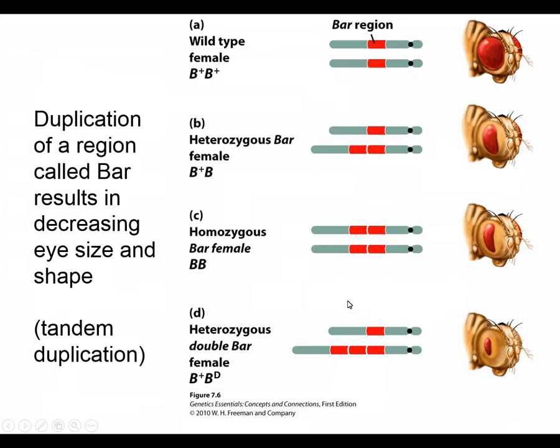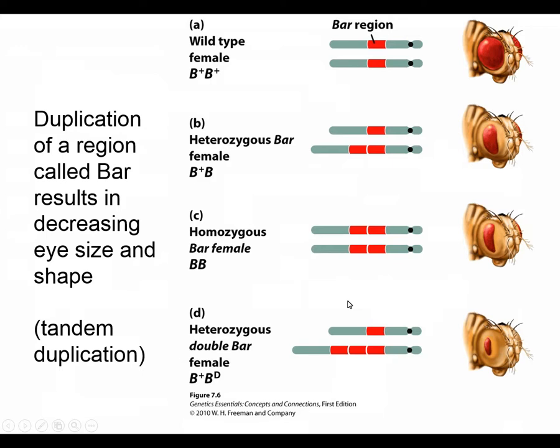So a normal female fly has two copies of the BAR region, and you can get females that have extra copies, so a duplication in example B, two duplications in example C, or a triplication in example D. So no matter how many copies you have, more copies of BAR makes the eye more narrow. Okay, so normal would be two copies of BAR, one on each homolog, but additional copies of BAR make the eye more and more narrow.